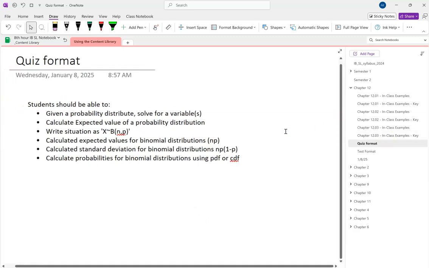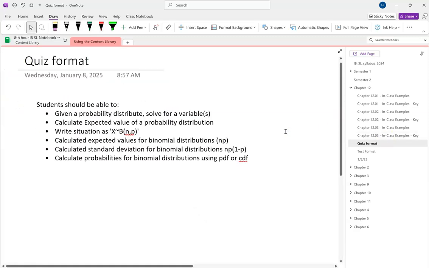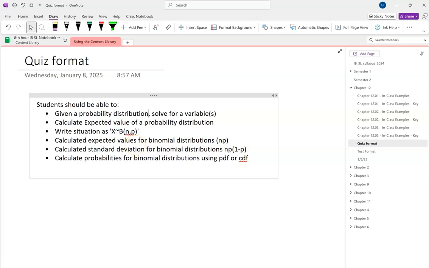So your quiz format, things you should be able to do. Given a probability distribution, solve for the variables. What's that going to look like? That problem we just did, right?